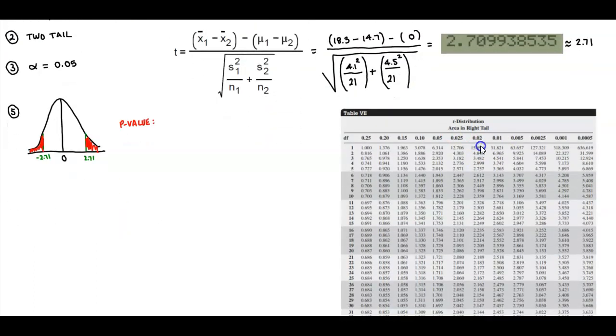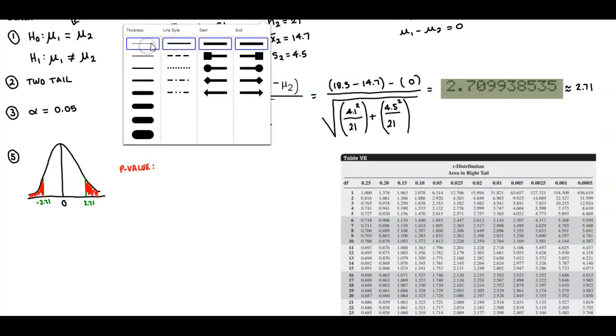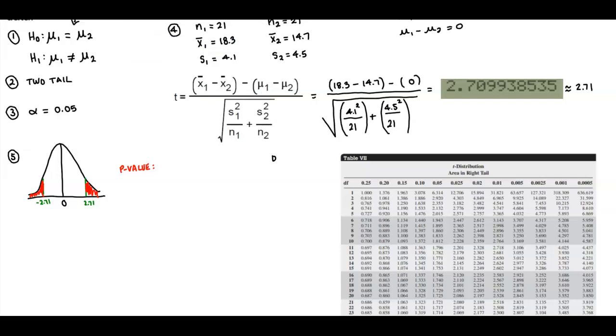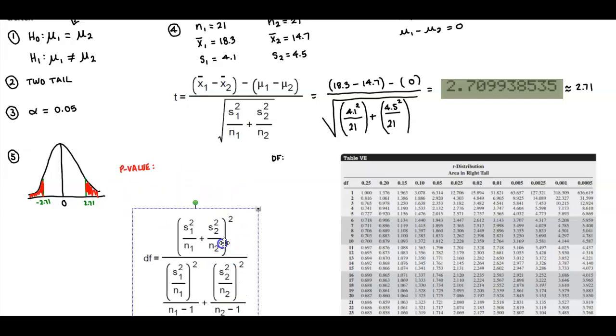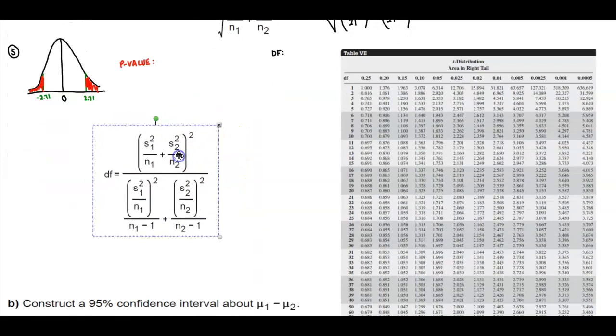The first thing we need to figure out is the degrees of freedom. We could use the formula that's given, which is this formula here for finding the degrees of freedom.